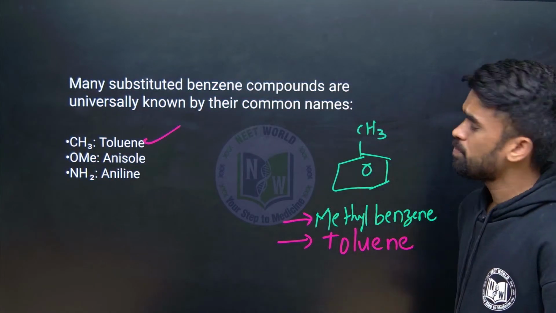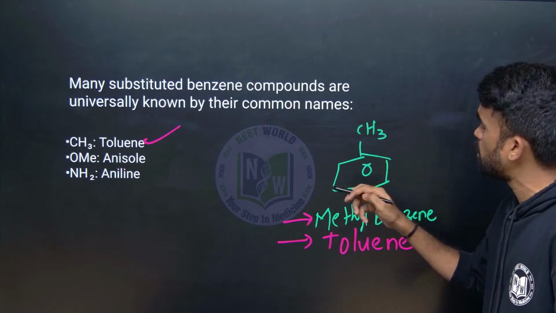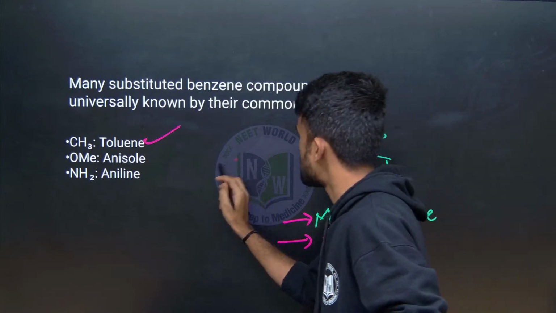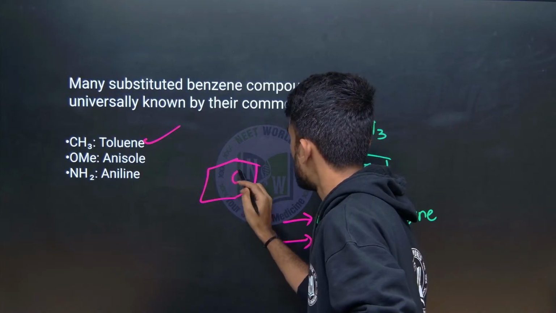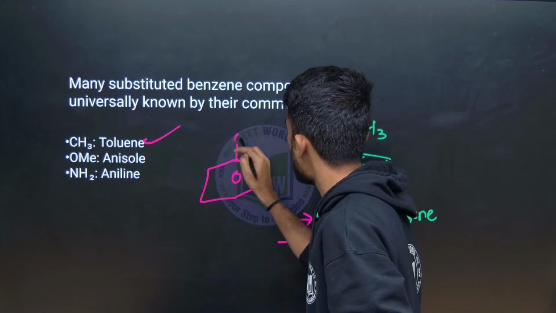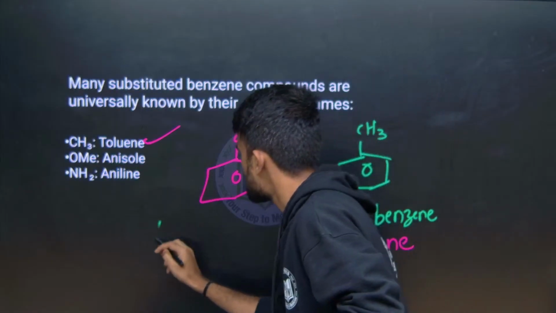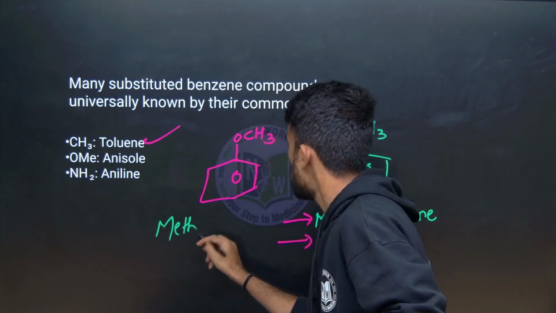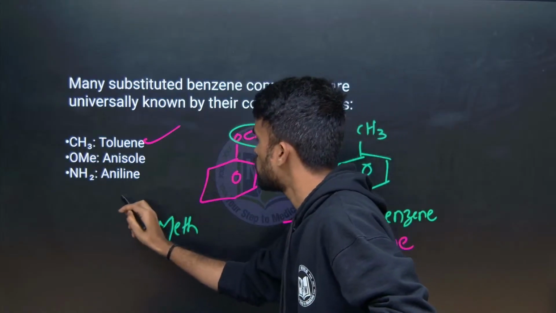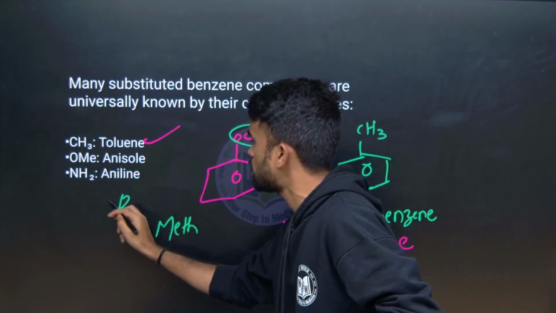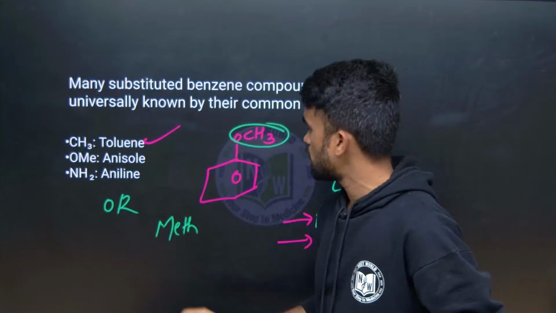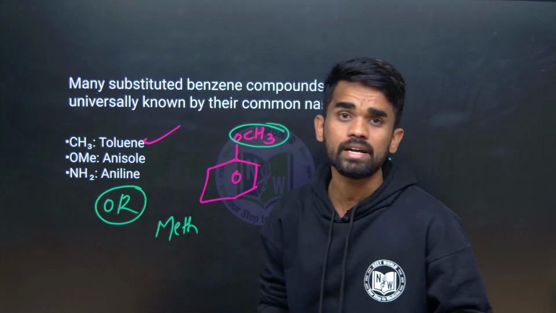Okay. So now if instead of the CH3 group we have an OCH3 group, for example, this is the benzene ring, and on this we have an OCH3 group. What can we write it as? Methoxy. Anything like an alkyl group, like a methyl group, along with one oxygen, we should call it alkoxy.